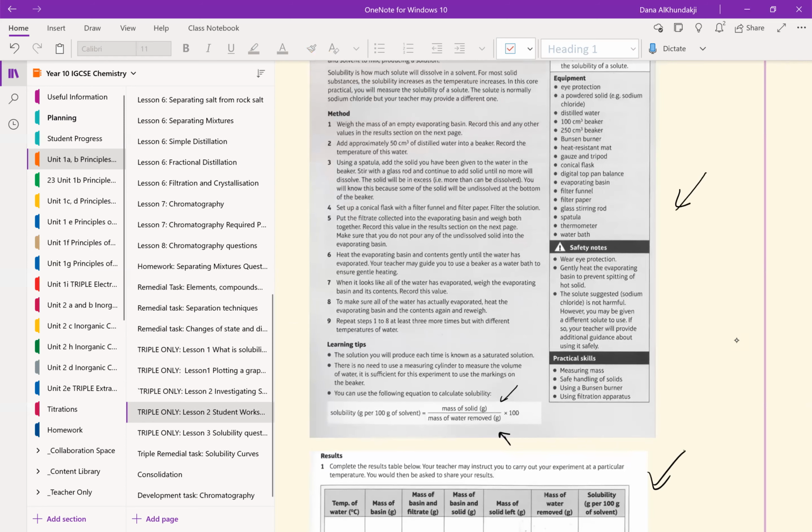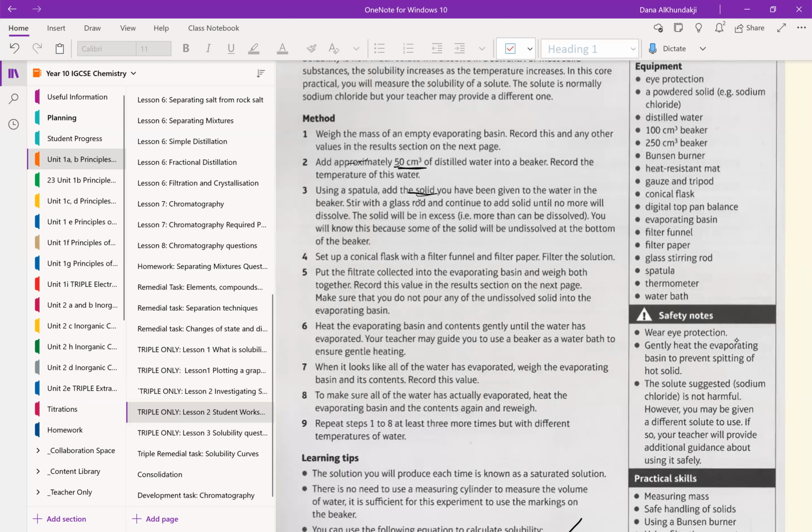Add approximately 50 cubic centimeters of water. Using a spatula, add the solid you have been given and stir with a glass rod until no more dissolves. The solid will be in excess, so you will know that some of it will be undissolved at the bottom. Set up a conical flask with a filter funnel and filter the solution. Pour the filtrate into an evaporating basin and weigh both together.